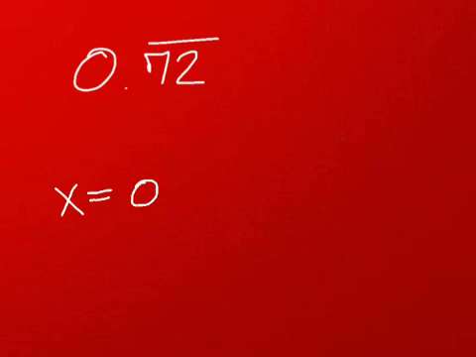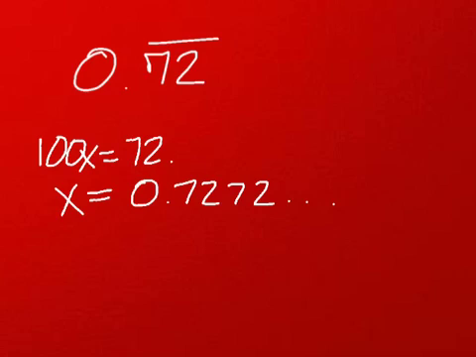Bonus problem. 0.72 repeating. Here, you should have x equals 0.7272 and then 100x equals 72.7272.